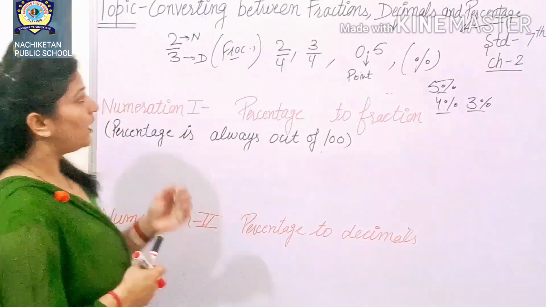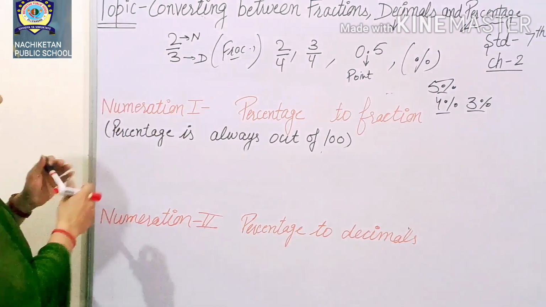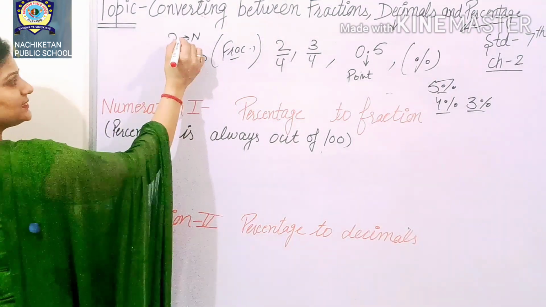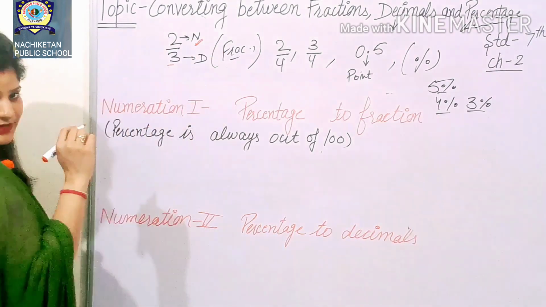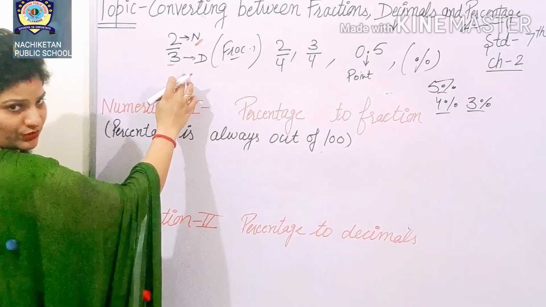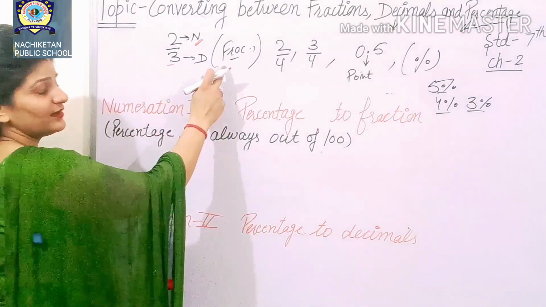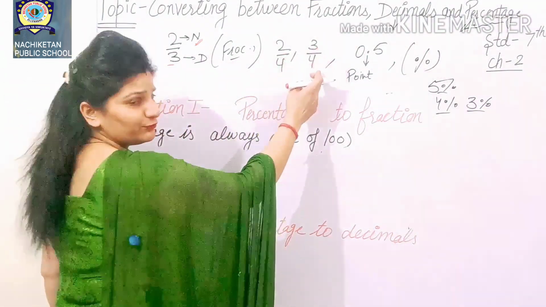Clear? Now, if I have a number that is 2 upon 3, this is the numerator part and this is the denominator part. If any number comes as numerator upon denominator, we can say that it's a fraction, like 2 by 4, 3 by 4.